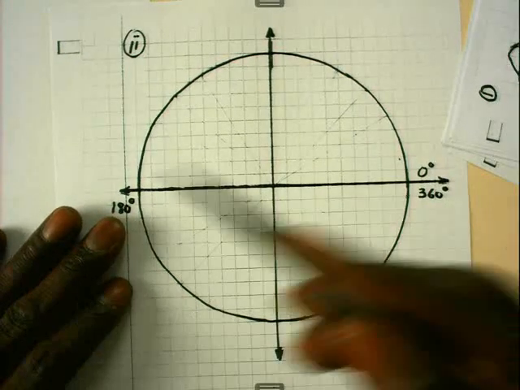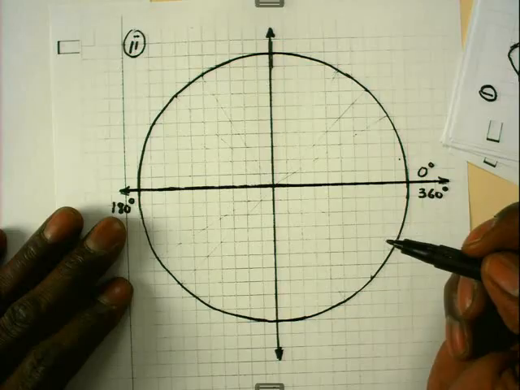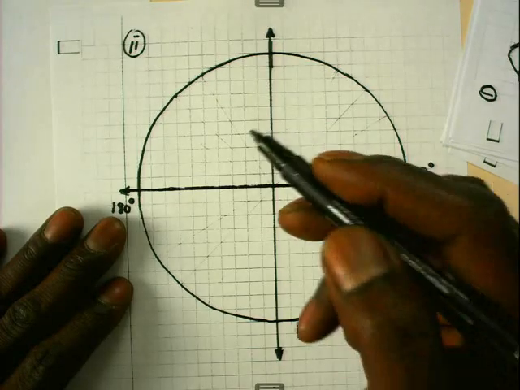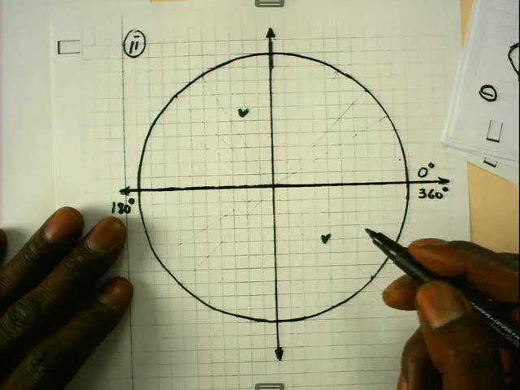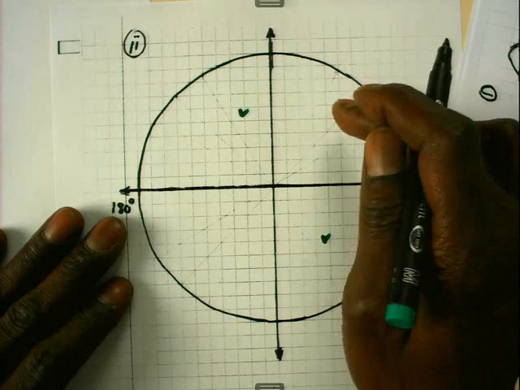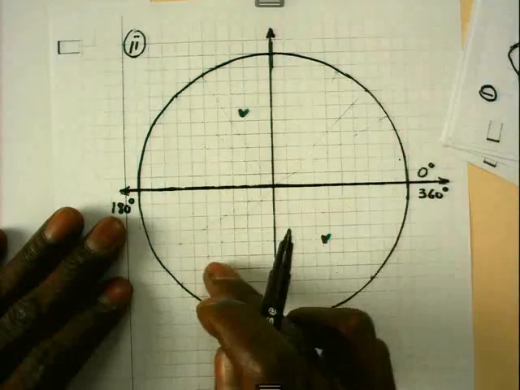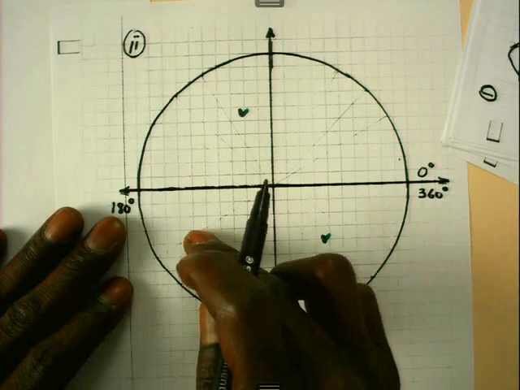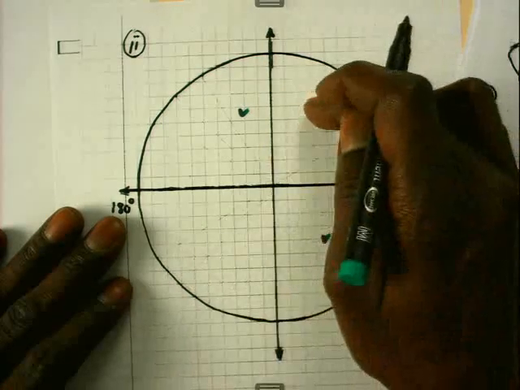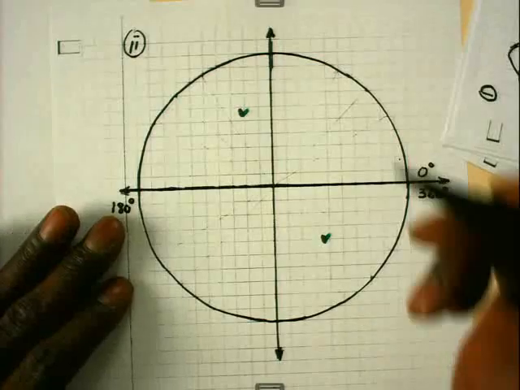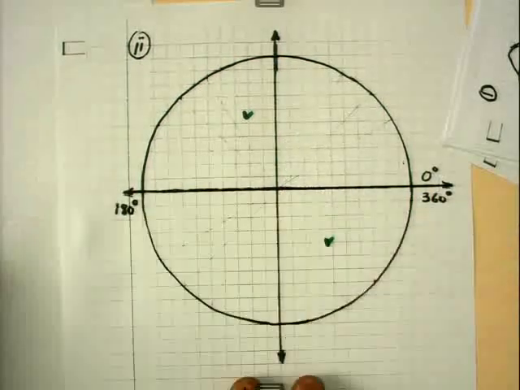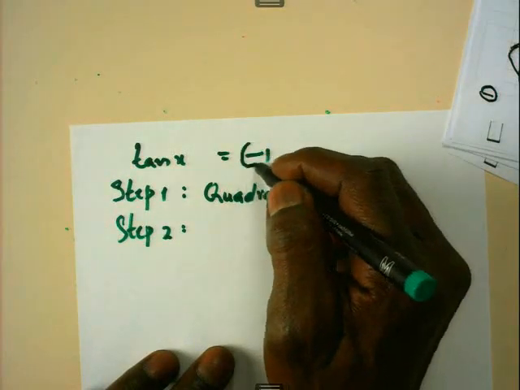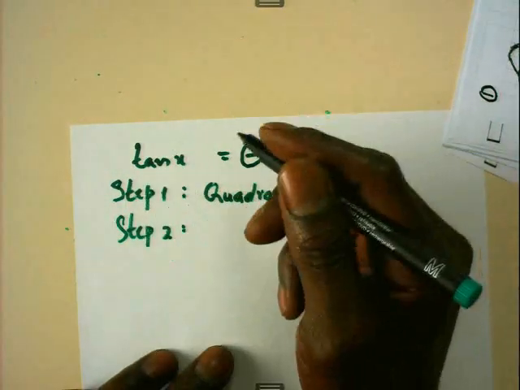Tan is negative in the second quadrant and the fourth quadrant. All Students Take Calculus, yes, it's positive here, positive there, so I'm correct there. Now we have identified the quadrant, which means we are done with that minus sign.